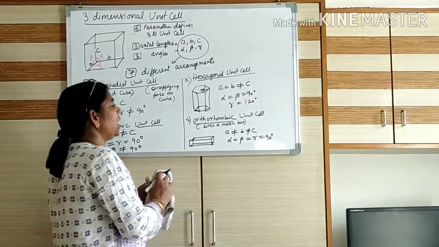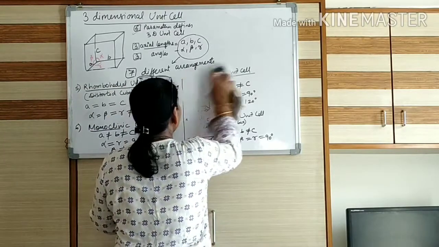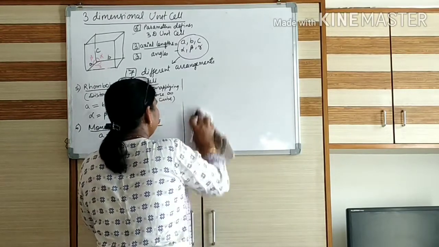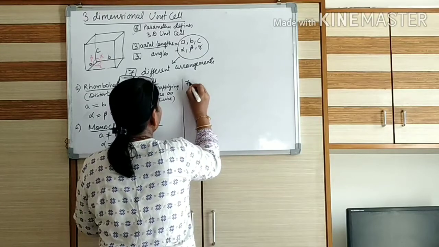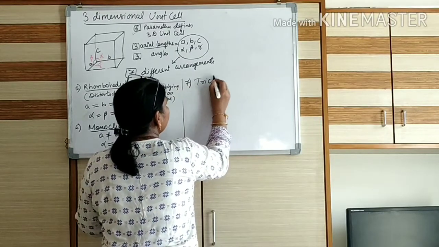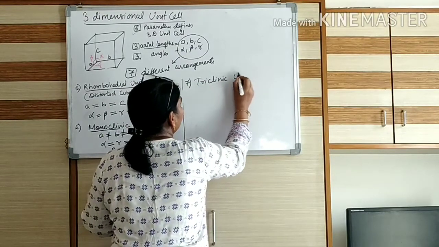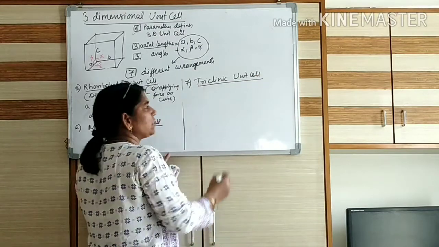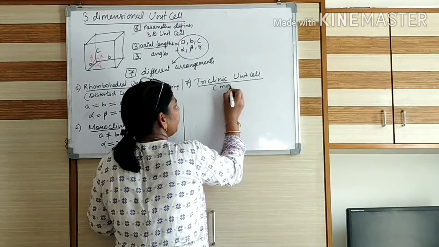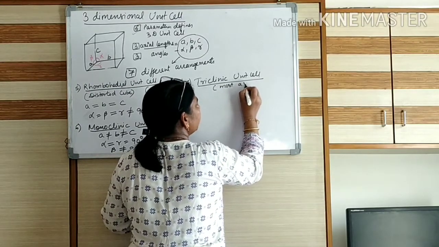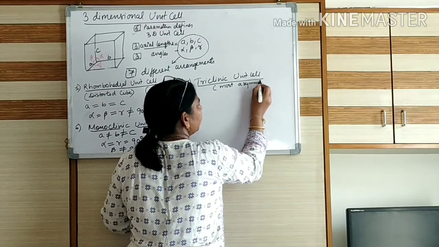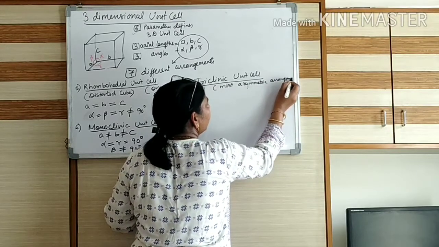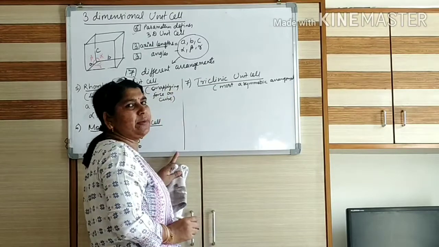Now we are coming to the last one, that is the seventh one, known as triclinic unit cell. Triclinic unit cell, most asymmetric form, most asymmetric arrangement in this.